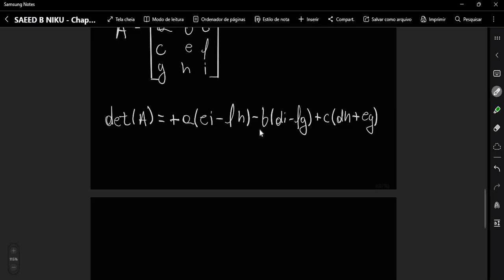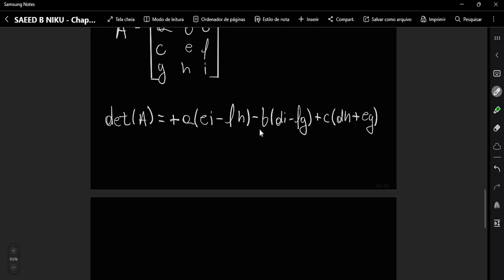We need to find the adjoint matrix. We need to find the matrix of the cofactors. It's more laborious to solve. I said adjoint matrix, right? Okay. So in this video, we will just use method 1, which is enough for our purpose.